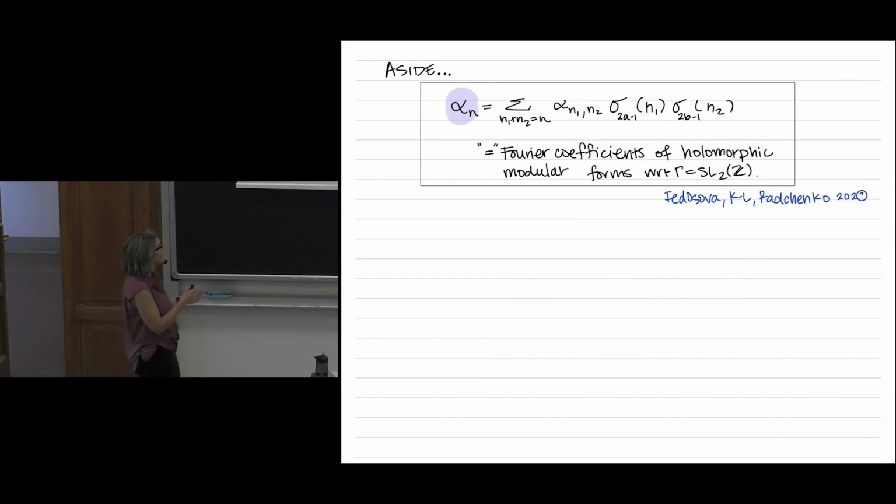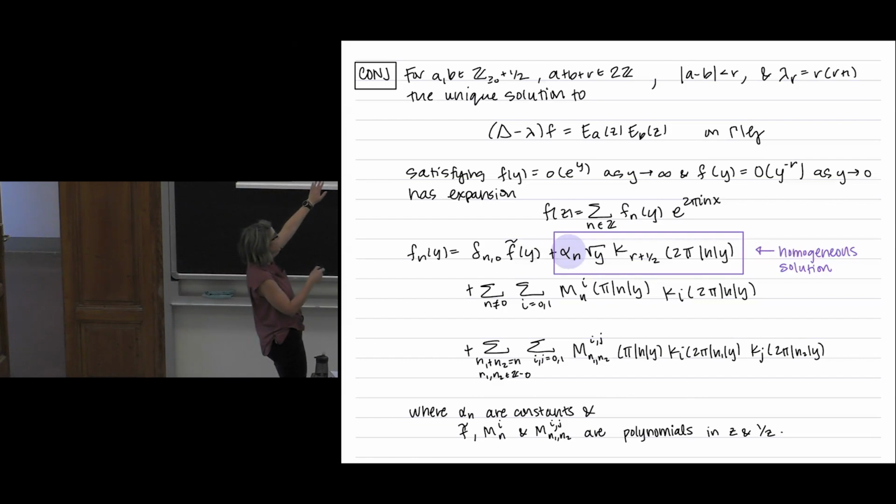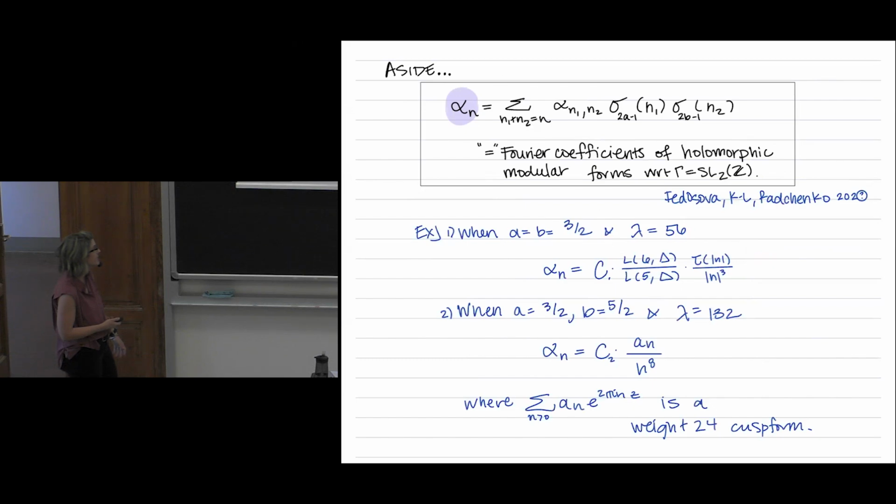So to touch back on this homogeneous solution, as an aside, this is again where these Fourier coefficients of holomorphic modular forms of full level are coming from, from all of these alpha n's.